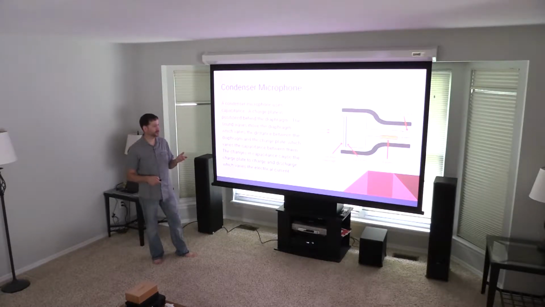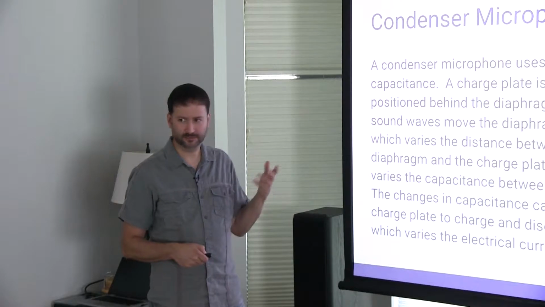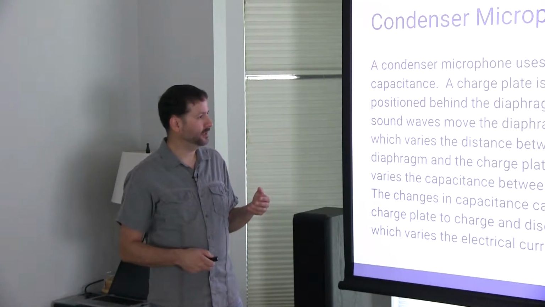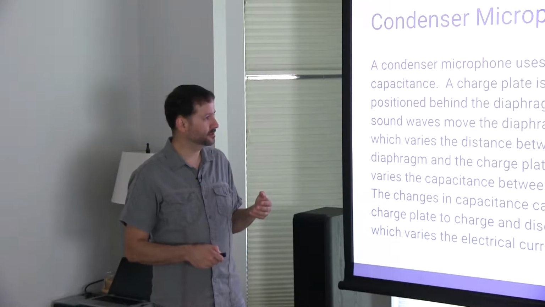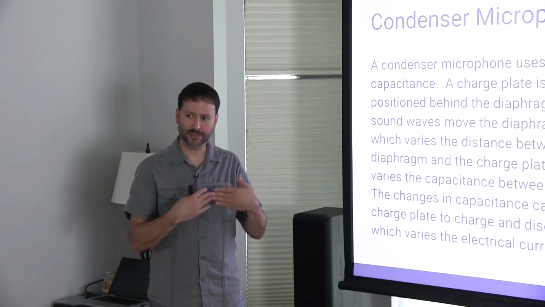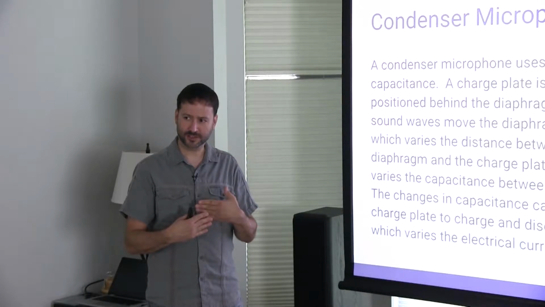The power that's given to the microphone charges this plate, and so there's a bunch of electrons sitting there, and then as the diaphragm moves, it gets closer or farther away from that plate, and there's capacitance between the diaphragm and the charge plate, and that capacitance changes as it moves back and forth.